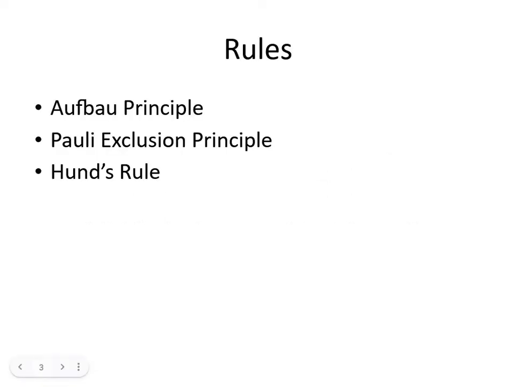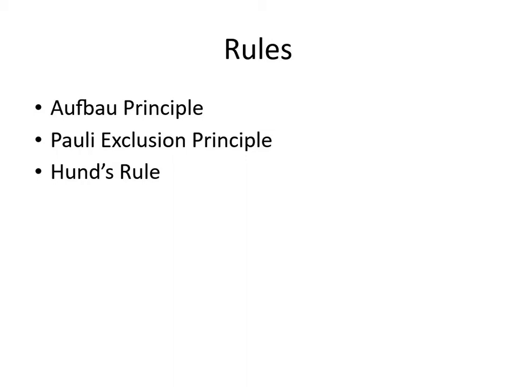And the first thing is same rules as what we do in the orbital diagrams. Aufbau principle saying you've got to do it from low energy to high energy. Pauli exclusion principle saying you can only have one up arrow and only one down arrow, right? And then Hund's rule saying you've got to fill them up singly before you fill them up in pairs.